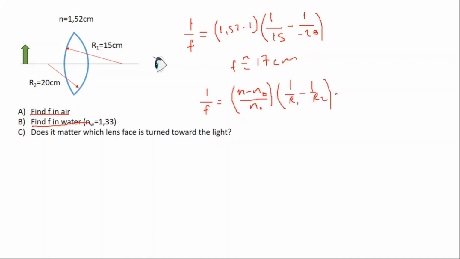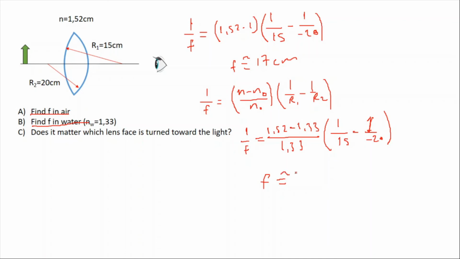So 1 over f equals, n of the glass is 1.52 minus 1.33, the index of refraction of water, divided by 1.33, times 1 over 15 minus 1 over minus 20. After making some calculations, the focal length is going to be approximately 67 centimeters.